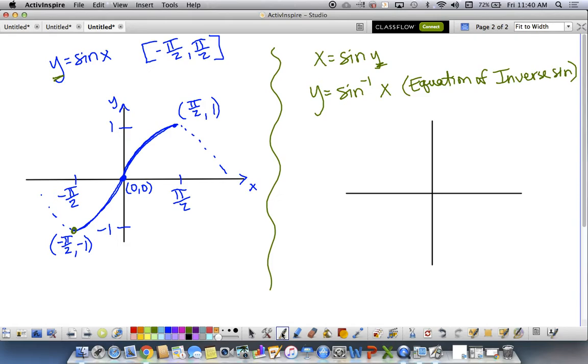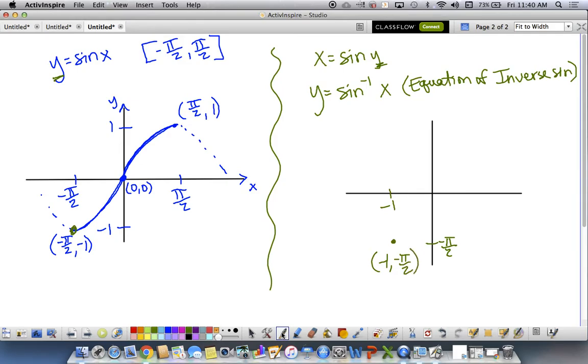We're simply going to switch the x's and the y's. So this point right here that I've circled, negative pi over 2, negative 1, when we switch those x's and y's, a point over here would be negative 1, negative pi over 2. So I went back to negative 1, and I went down to negative pi over 2.